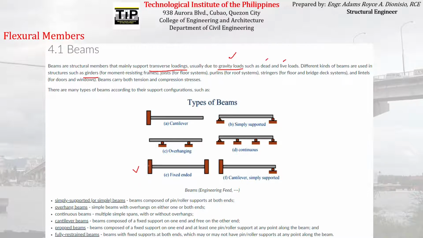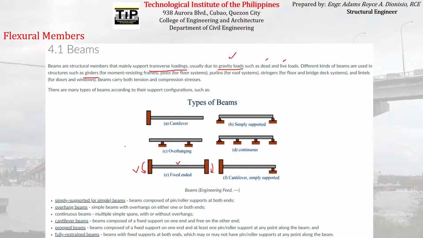And we know for a fact that a fixed-ended beam has a moment on each end, meaning this particular element resists moments on both of its ends. That is an example of a girder, or should I say, that is how we model girders.